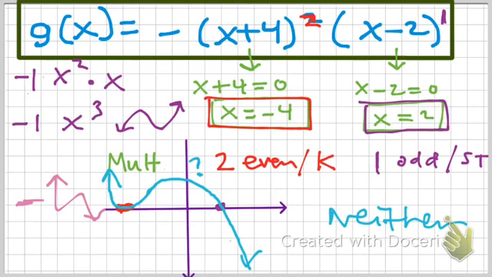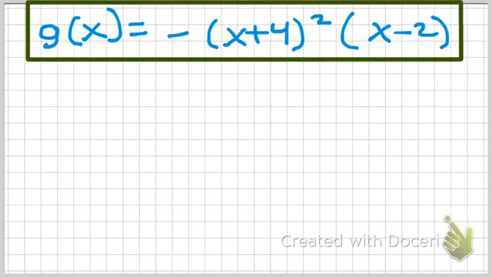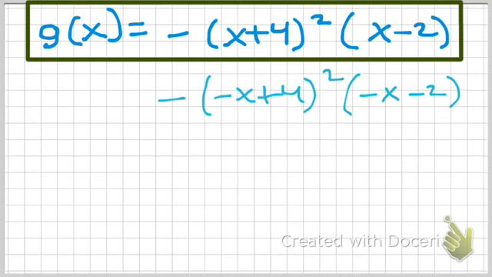Let's verify that algebraically. So I'm just going to put in a negative x for each of those. Here I'm going to multiply x minus 4 times x minus 4, or negative x plus 4 and a negative x plus 4.